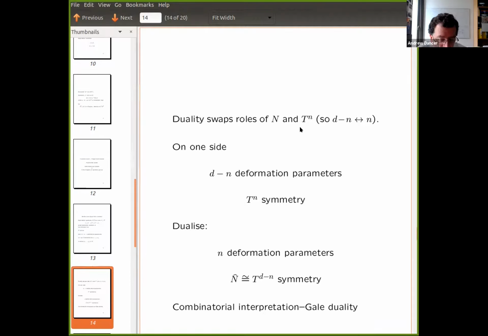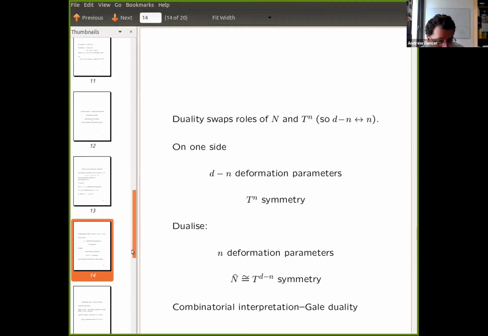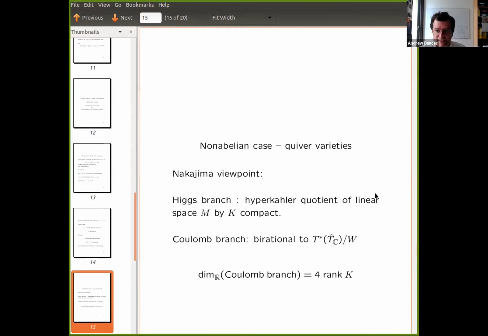So this is a combinatorial interpretation. It actually turns out that this duality is something called Gale duality, which has been around for a few decades in combinatorial convex geometry, but I think may even have arisen in the theory of linear programming originally. So there's some very nice classical convex geometry here. Okay, that's the abelian case.